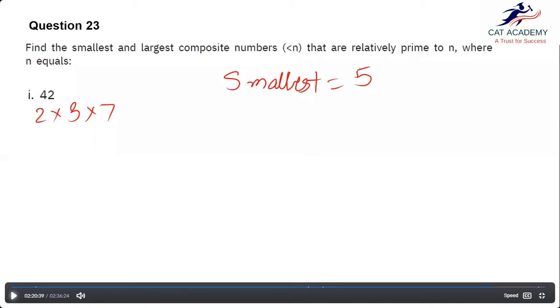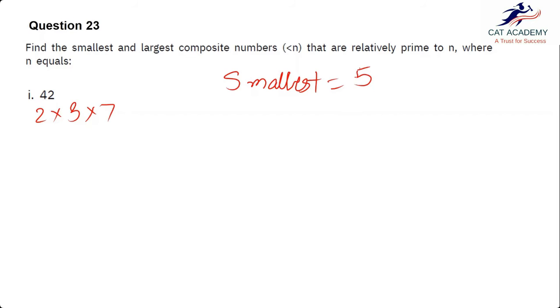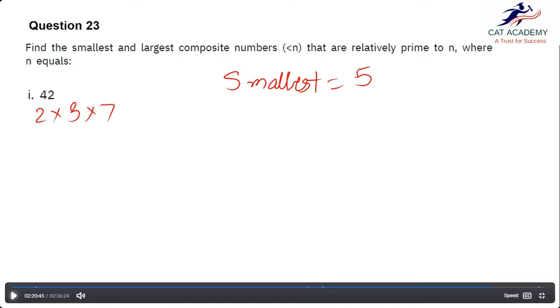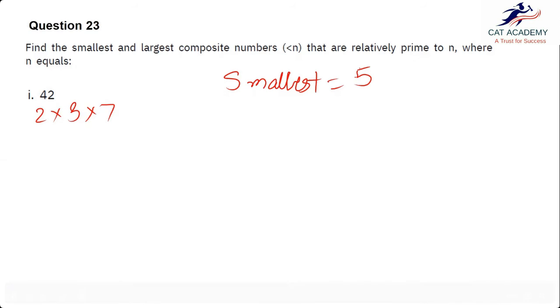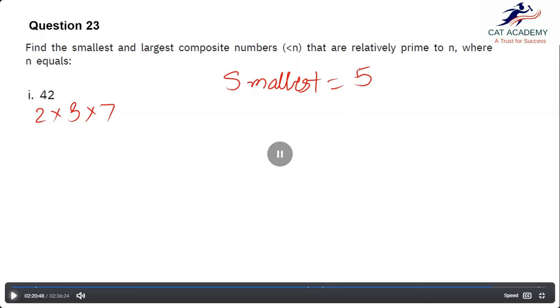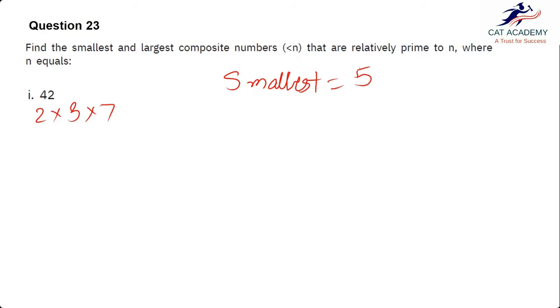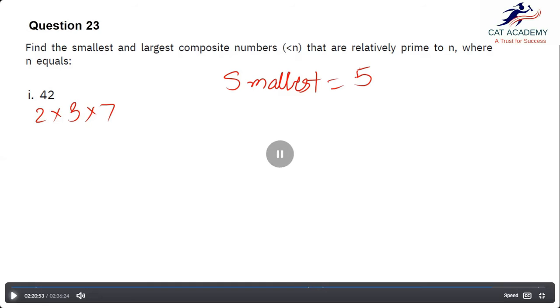Again, same restrictions are true. I cannot have a 2 or 3 or 7. Otherwise, there would be a common factor. So if I cannot have 2, 3, 7, then what can I have? 5 again. What is stopping you from taking 5 again?